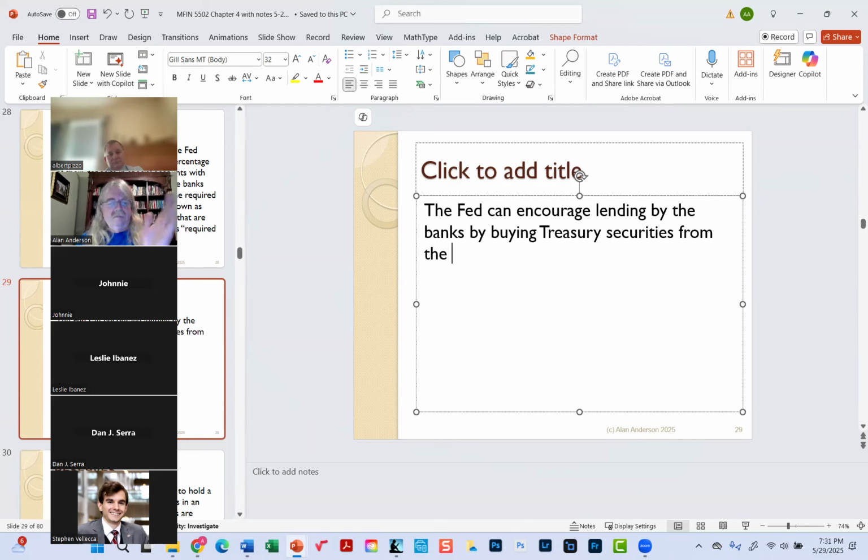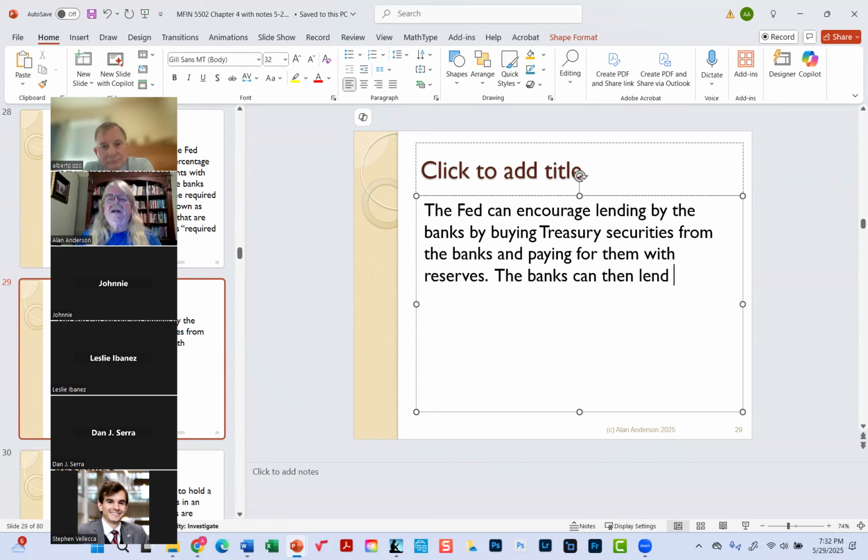They all typically have investment portfolios filled with treasury securities, and the Fed pays for them with reserves. In other words, imagine the Fed comes in and says, listen, we know you have this $1 million treasury bill in your portfolio. If you sell it to us, we'll give you $1 million worth of reserves. And then the banks can lend them out to their customers, which tends to drive down interest rates.